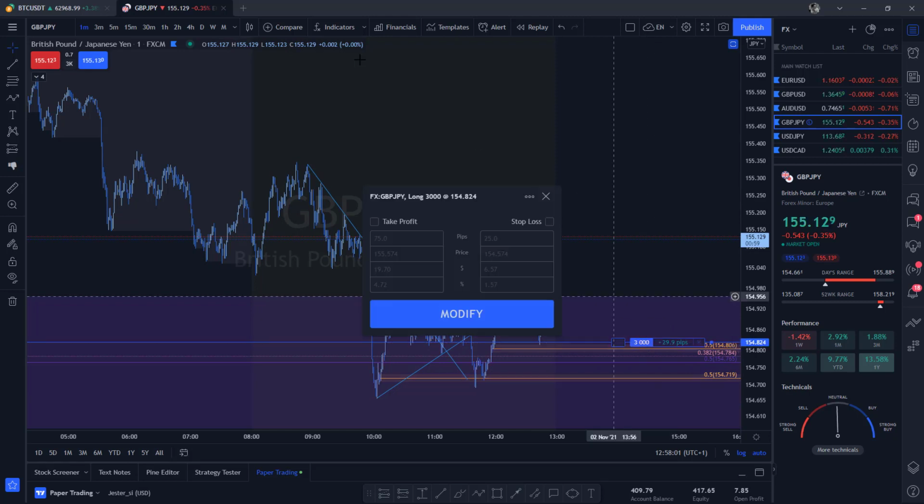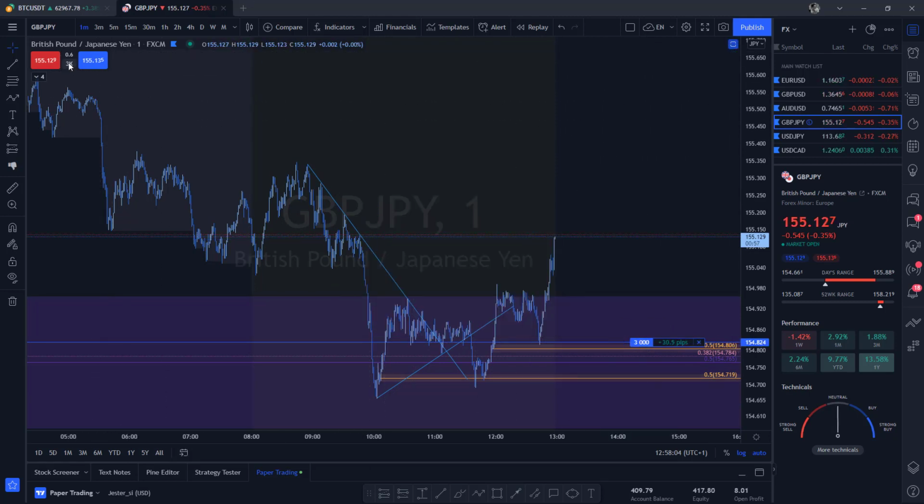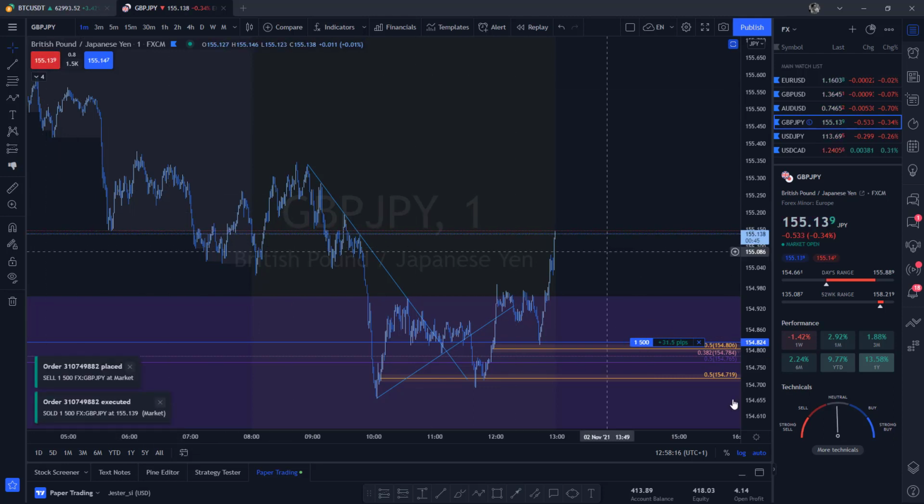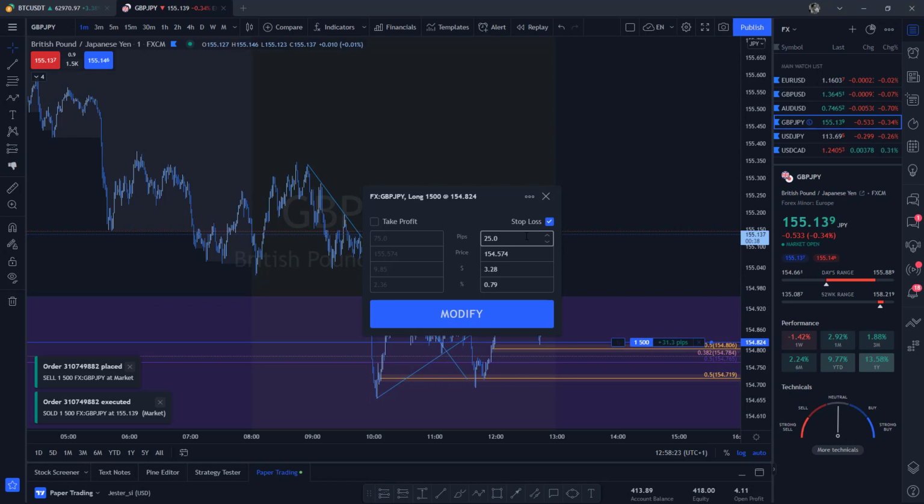Okay, now I'm closing half here. So this is a buy and I will do a sell. Half the position closed. Stop loss at 0.